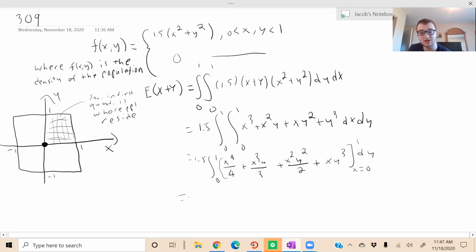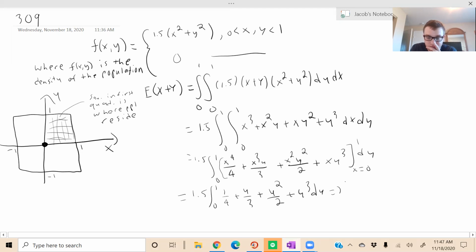So this ends up being 1.5 times the integral from 0 to 1 of 1/4 plus y over 3 plus y squared over 2 plus y cubed dy.